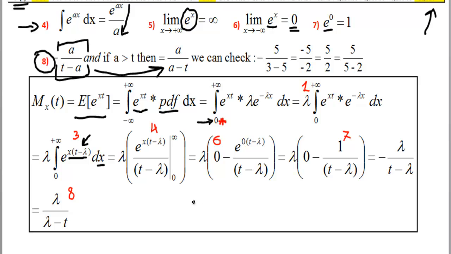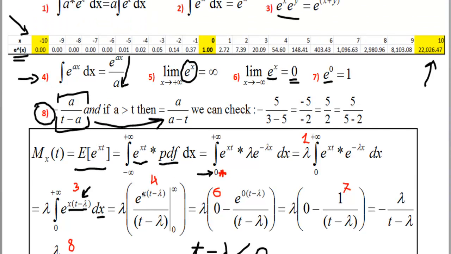So unfortunately, this integral is only defined for values such that t minus lambda is less than 0. Because when t minus lambda is less than 0, as x tends to infinity, the whole expression evaluates to 0. And this comes from property number 6. Okay, so we are done with this limit of integration.